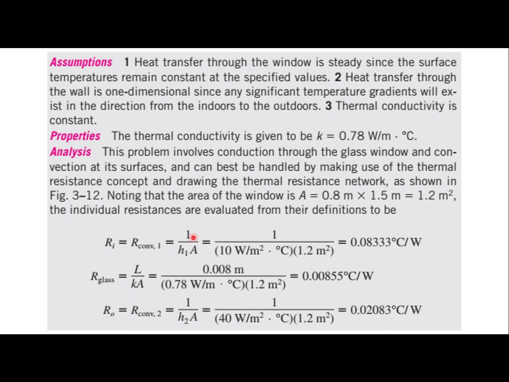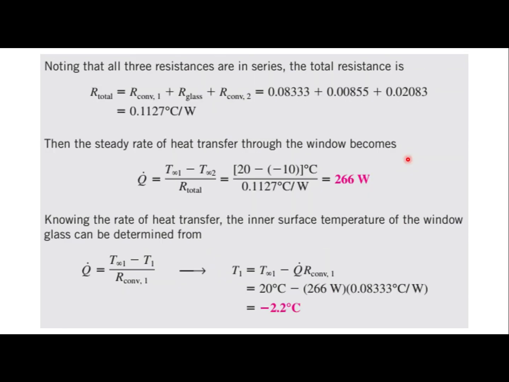So these are the formulas, and we have already gone through all the formulas, and we have all the values, right? H1, thermal conductivity, and H2 are the values which are given, and we have the surface area just above here. By putting in all the values, we can get all three resistances. Next step, noting that the three resistances are in series, we can just add all the resistances, and we have the total resistance.